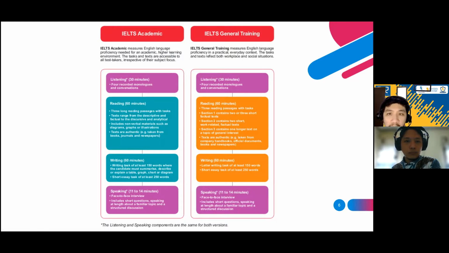The listening and reading are approximately the same. For writing in academic, you have to explain a chart and also write an essay. For general training writing, you just have to write a letter.